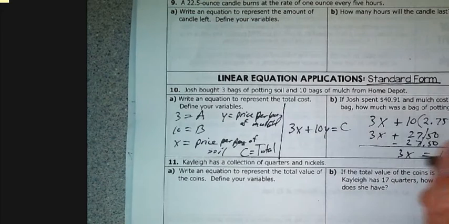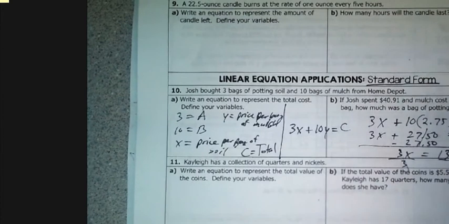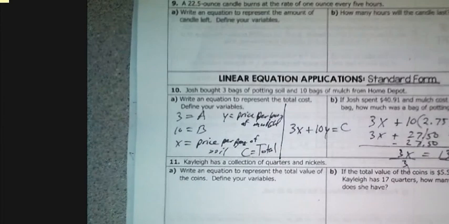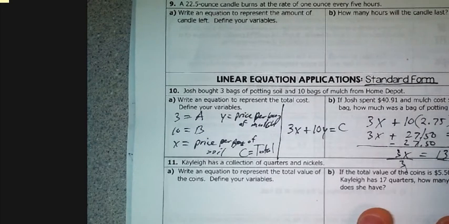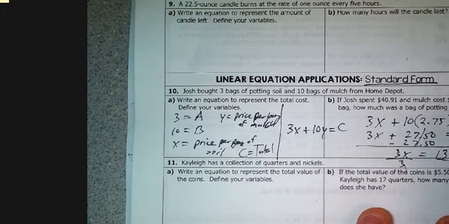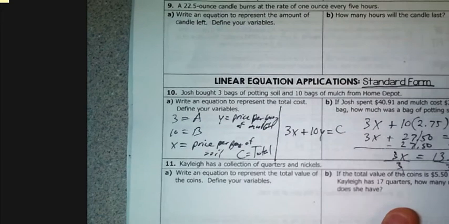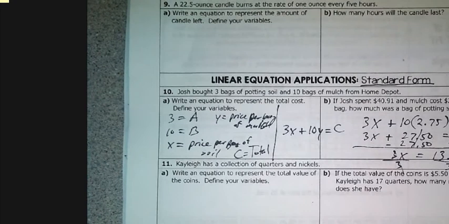Now divide both sides by 3. 13.41 divided by 3 is 4.47. So one bag of potting soil costs $4.47. All right, not too bad. I'm going to stop the video now and let you do the next one.